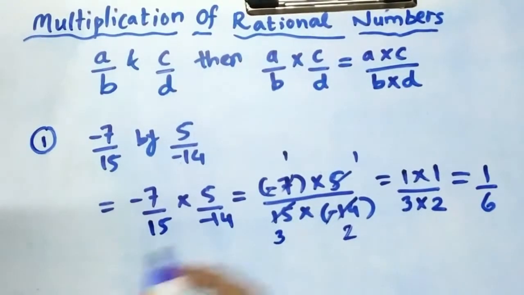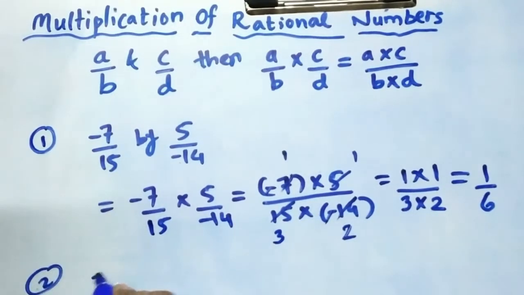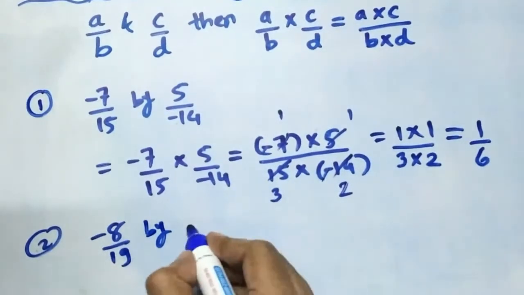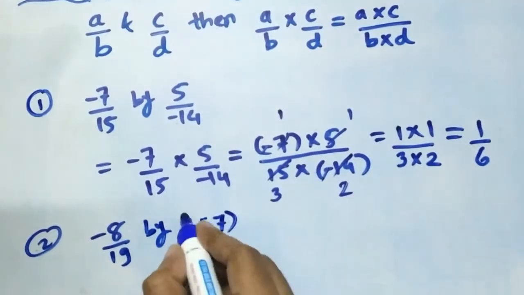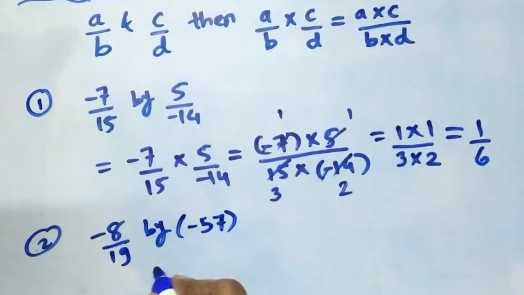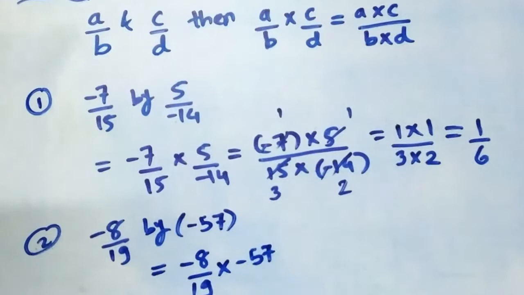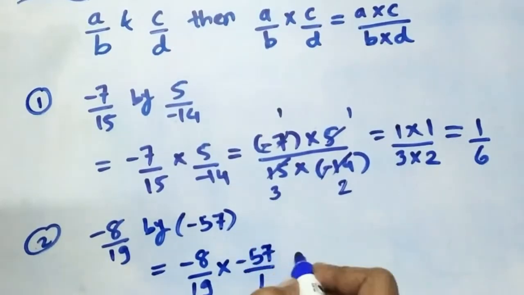In the same way, suppose you need to multiply minus 8 by 19 by minus 57. We'll write minus 8 by 19, and multiply by minus 57, which is minus 57 by 1. You can also take it like this.